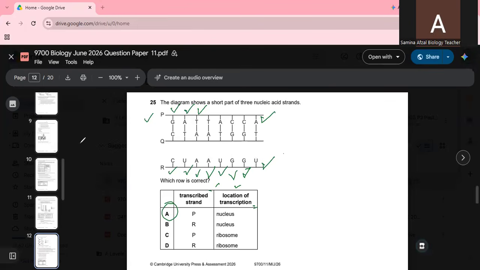And whereas this second strand Q, you can see is C, T, T, A, G, C, is identical to R, because this is correct.